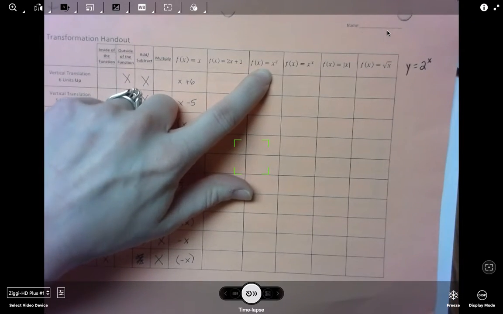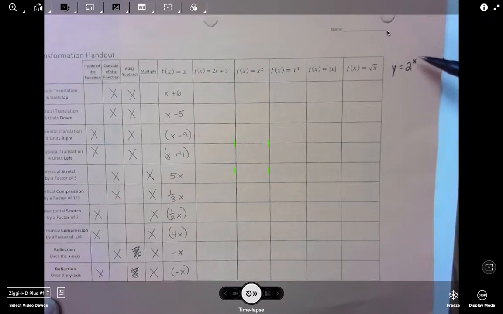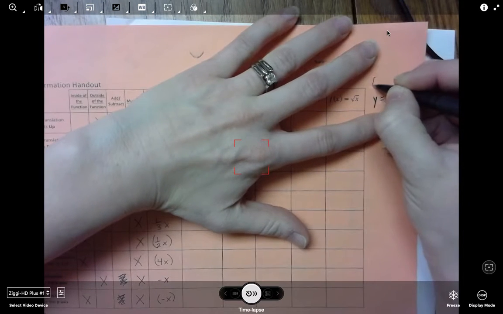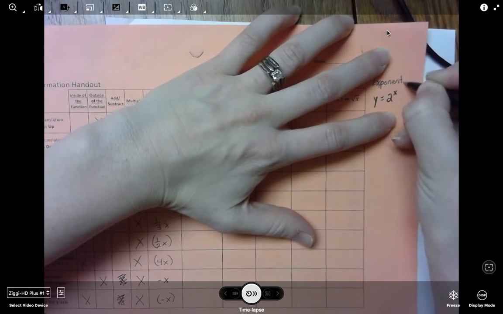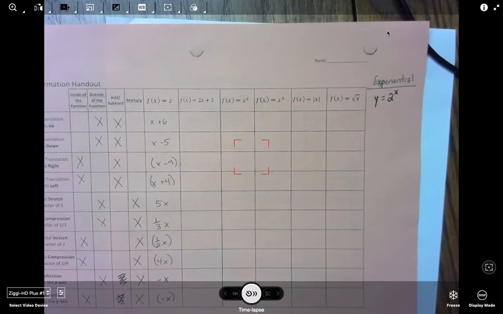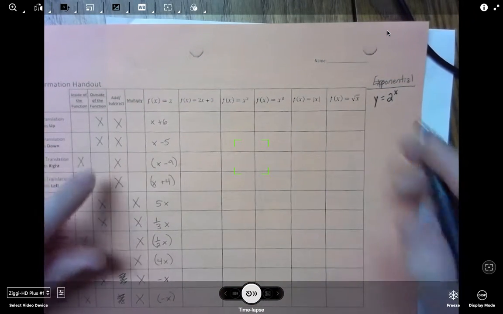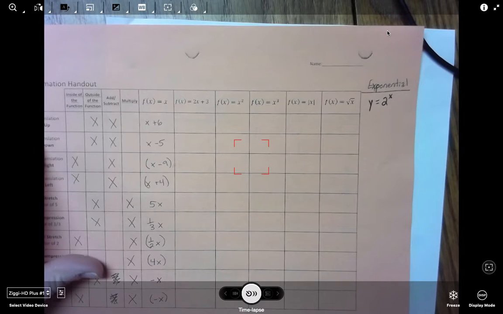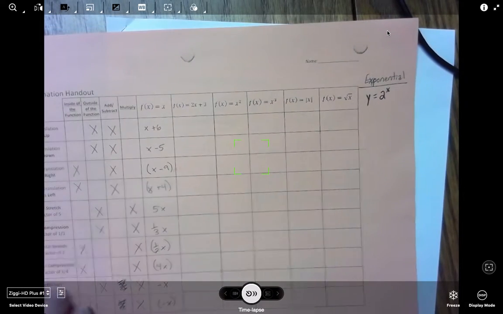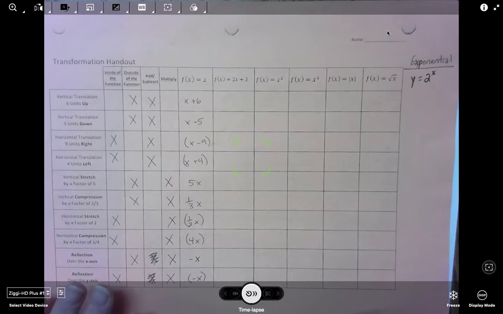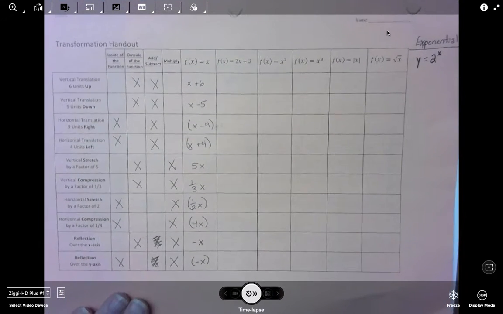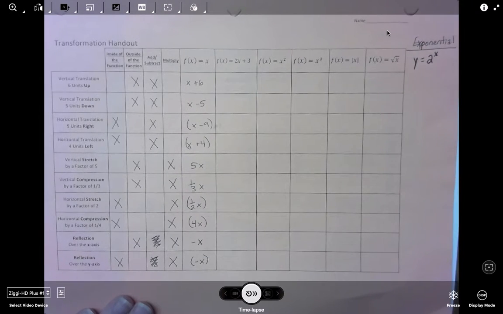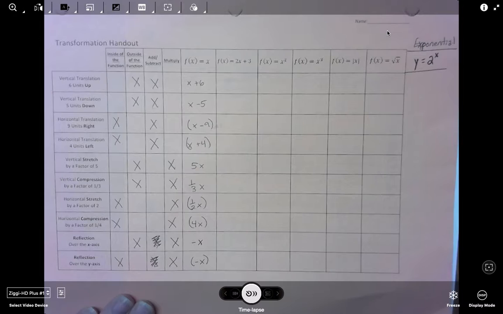But I'm going to create an exponential function, y equals 2 to the x power. And we're going to see what happens to this function after I move it 6 units up, 5 units down, etc. Okay, so if you need to pause this video while you grab this sheet, do that. Otherwise, we'll get you a copy of this tomorrow or sometime.